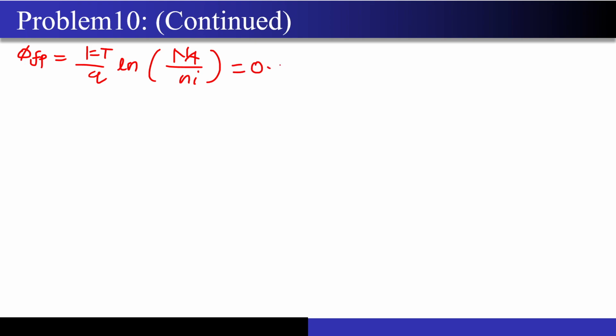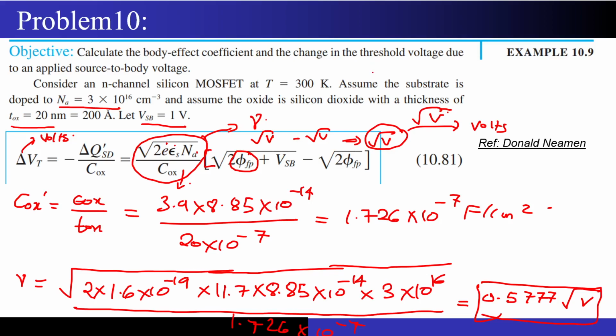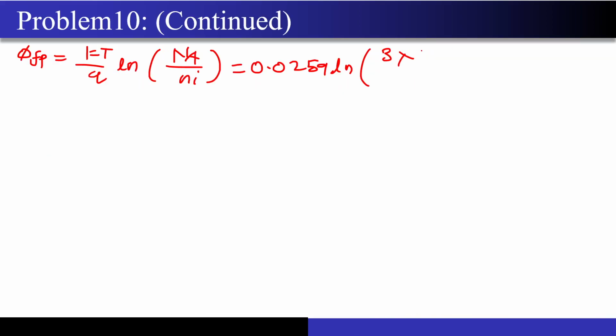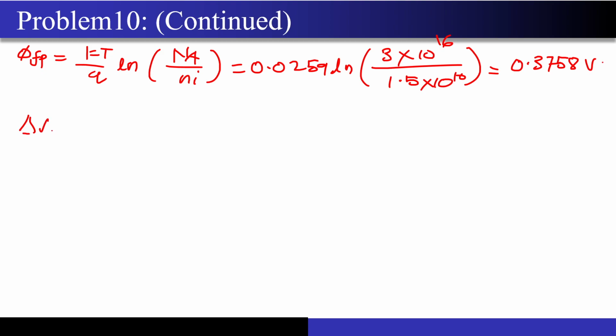If I just substitute, 0.0259 ln of, what is the value of Na that I have? 3 into 10 to the power 16. And what is the value of Ni? 1.5 into 10 to the power 10. Now if you calculate this, phi fp will come out to be around 0.3758 volts.